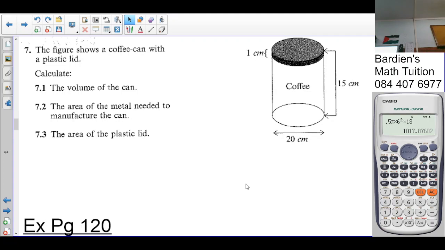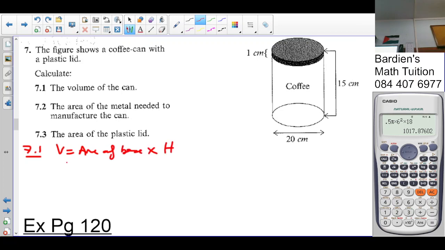So how do you calculate volume? It's going to be area of base times height. So it's the area of a circle, pi r squared, times height. Remember the diameter is 20, so the radius is 10, squared, times the height of 50.